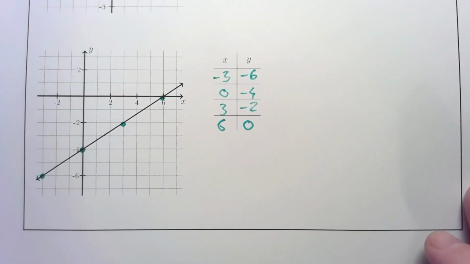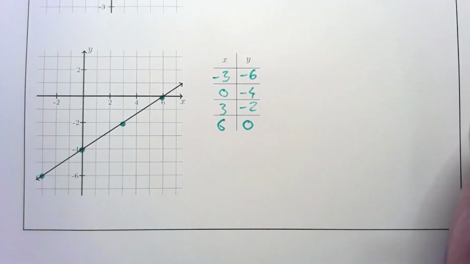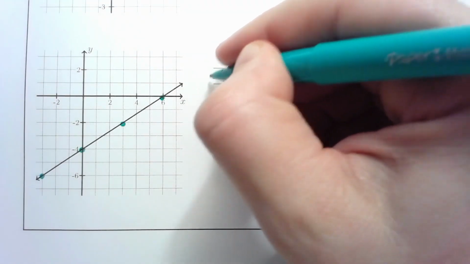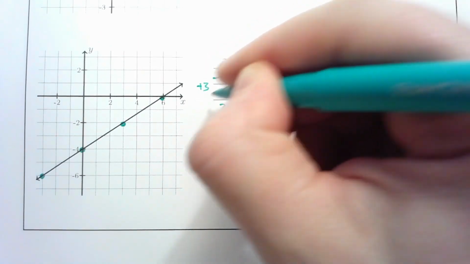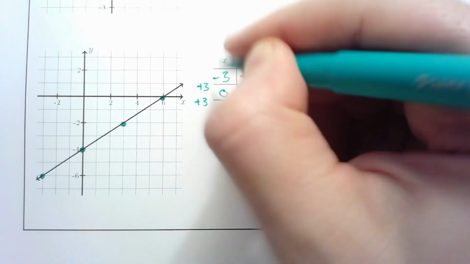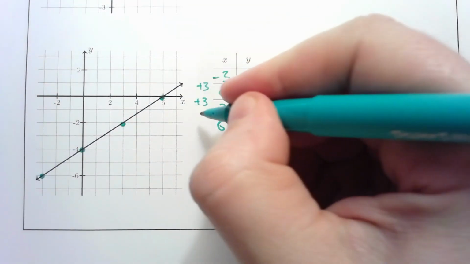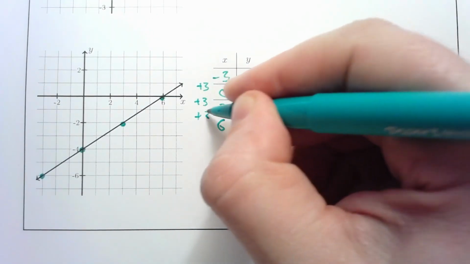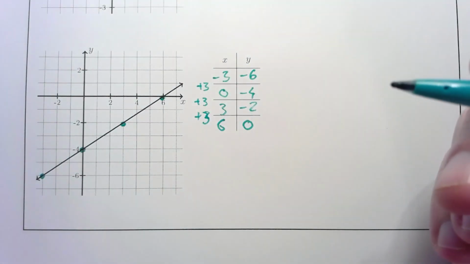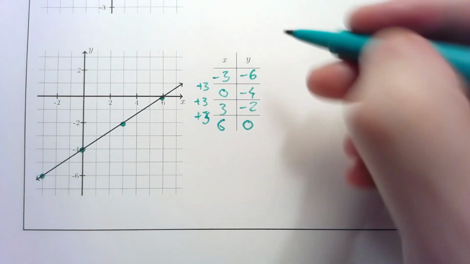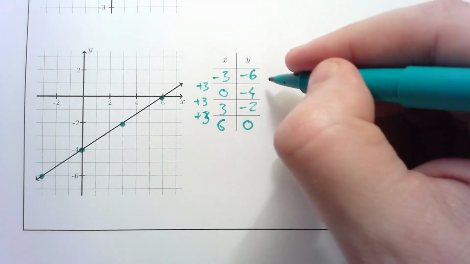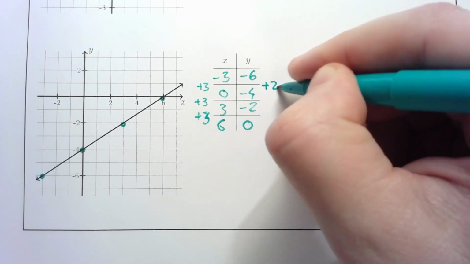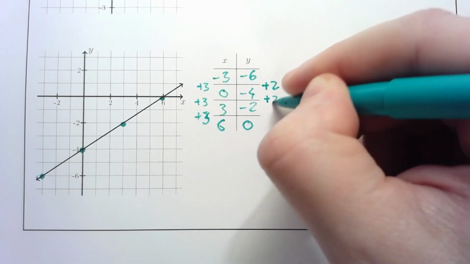Okay. Let's look at our changes, because that's what we need to do first to find our rate of change. So from -3 to 0, we're adding 3. And somewhat predictably, because our points are evenly spaced along the line, our changes are just going to be the same, +3. For y to go from -6 to -4, we're adding 2. And then we're adding 2.